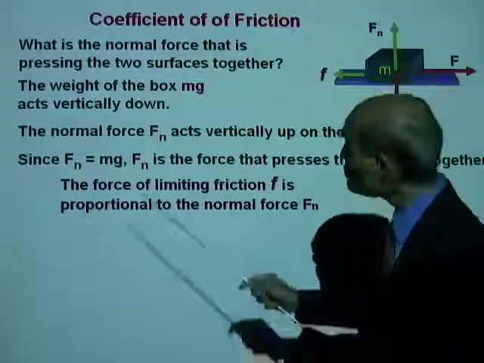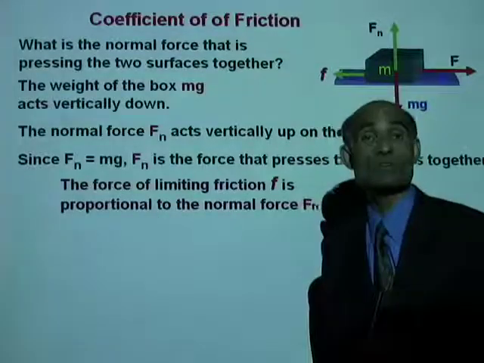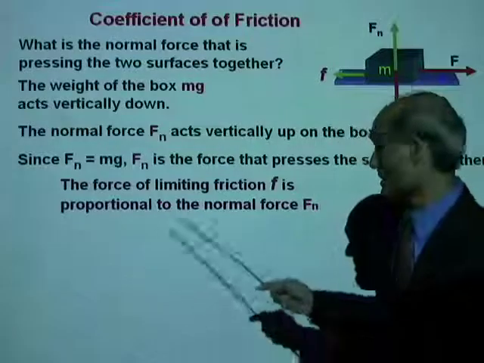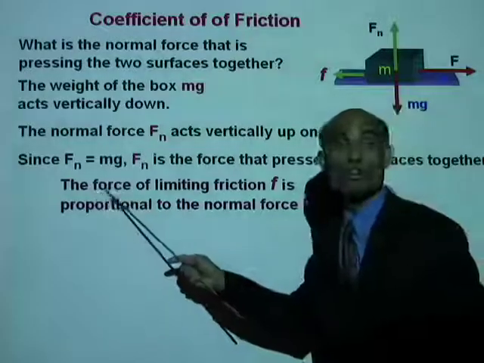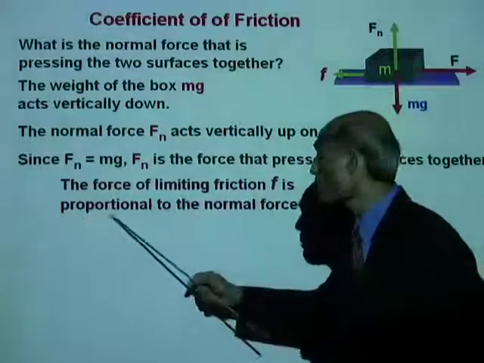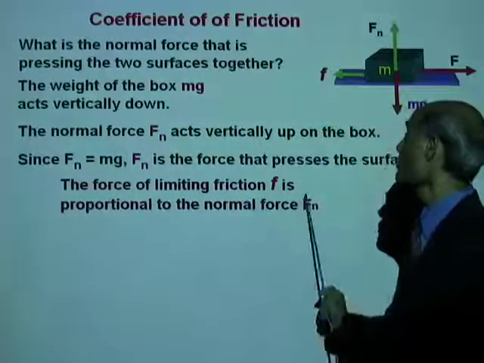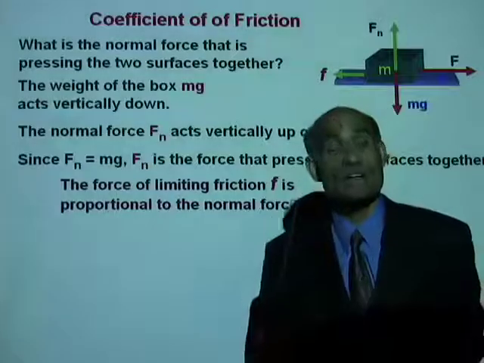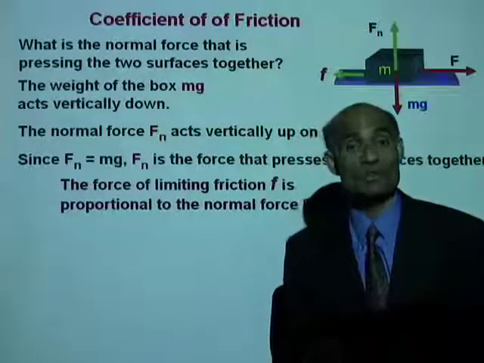That means we can now make a statement which can be called the law of friction. What does that say? The force of limiting friction, lowercase f, is proportional to the normal force Fn. Can you write that down using your mathematical notation?